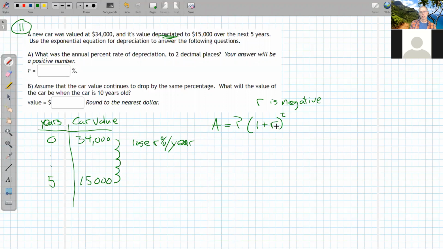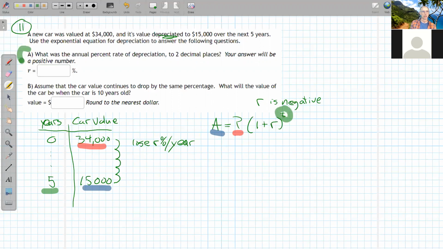So we want to figure out what the R is, and we're given a bunch of information. We know the starting value, P here. We know the future amount, A, there. And we know how much time went by to make that happen. And so we plug in and figure out what R is there.